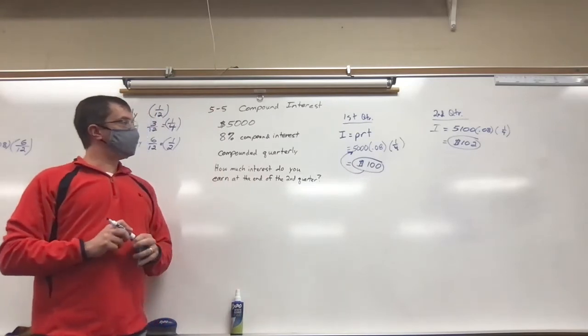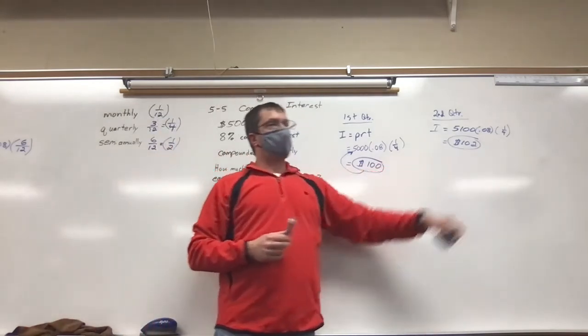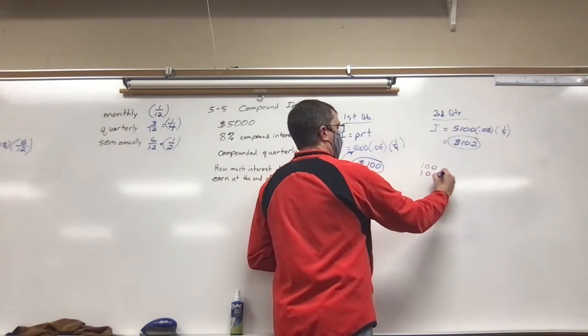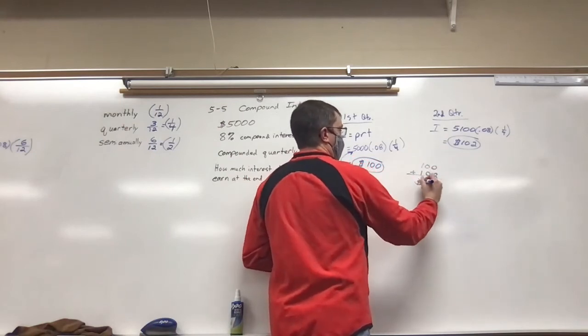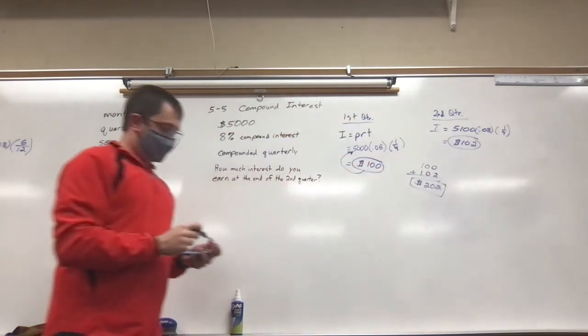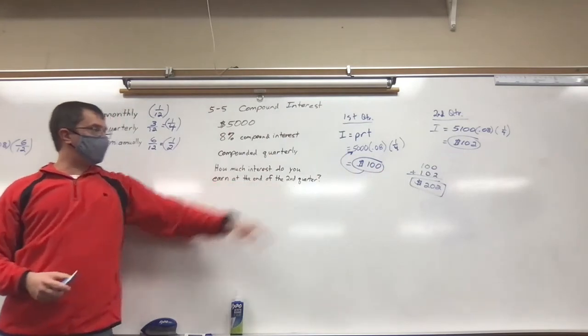More than 102. You got 100 the first quarter, 102 the second quarter. That's 202. If you add those together, 100 plus 102 gets you $202. So on this compound interest account, you earned $202 in interest. And that's what they want to know, how much money you earned at the end of the second quarter.